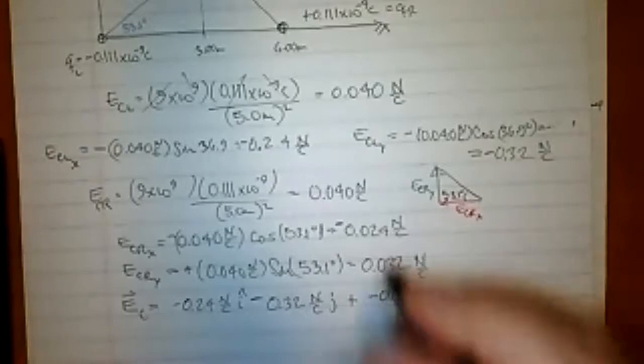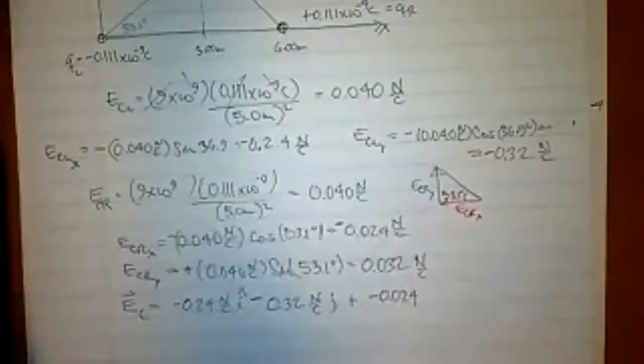Again, that's supposed to be just 0.024. Yeah, actually, I was supposed to have a 0 in front of that.